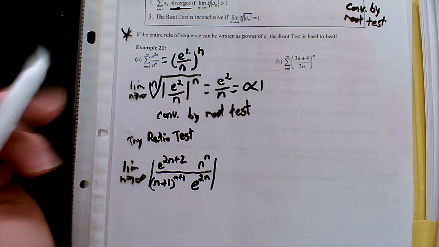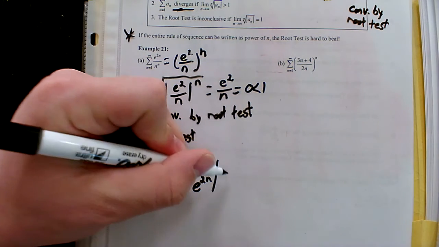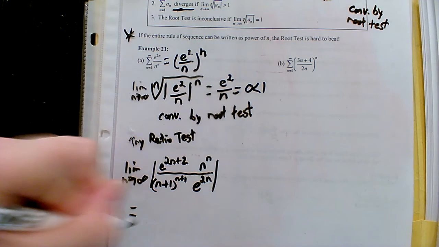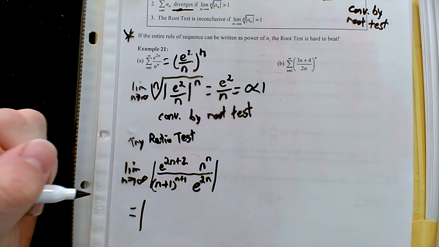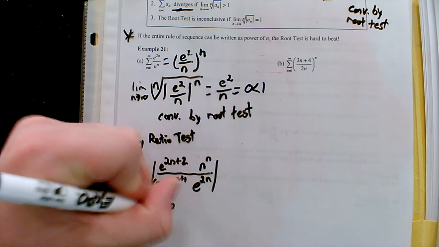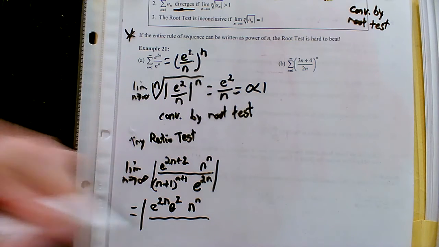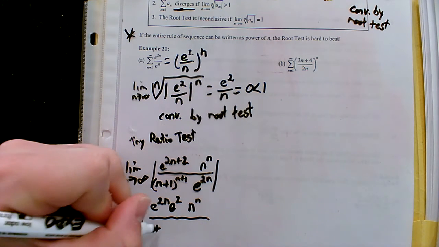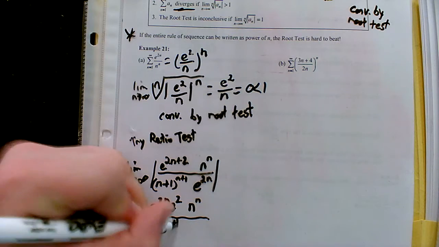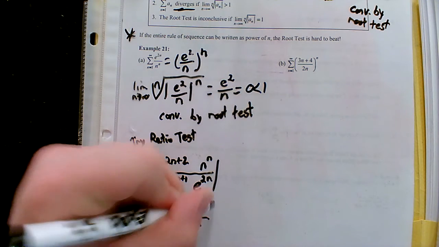So then you need to try to expand or see if anything goes away. Can we expand anything? Change it? e to the 2n, e to the 2, n to the n on the top, n plus 1 to the n plus 1, and e to the 2n on the bottom.